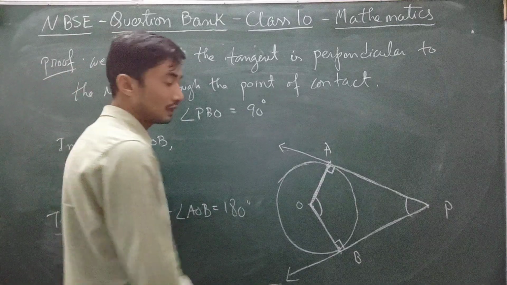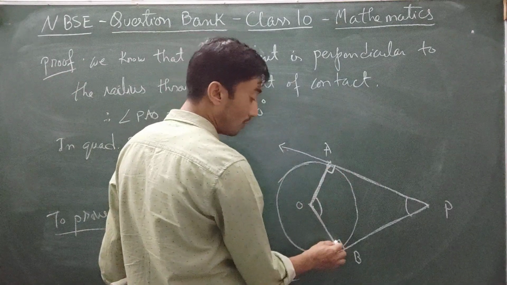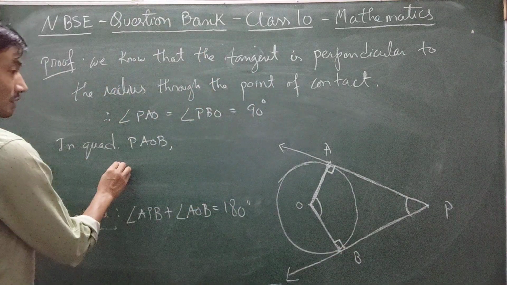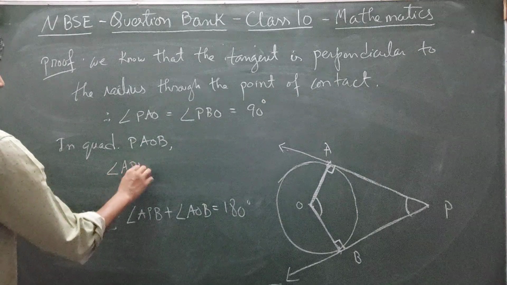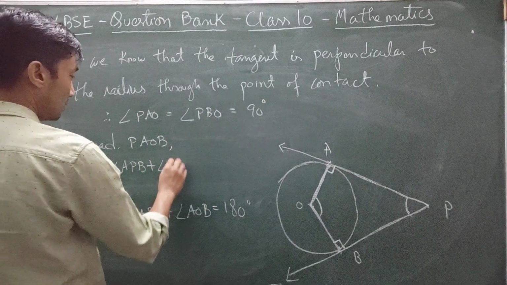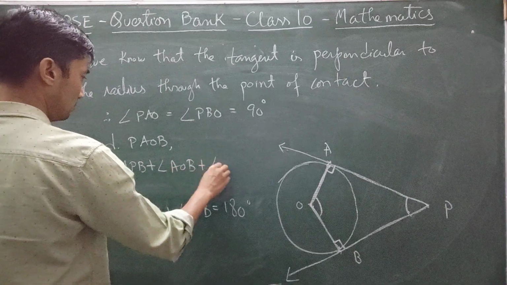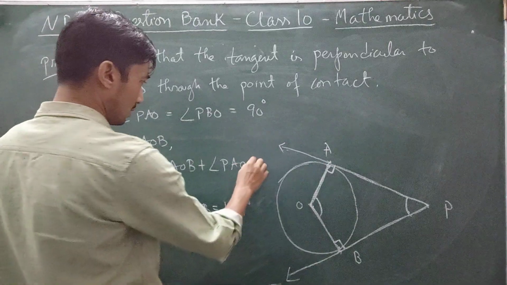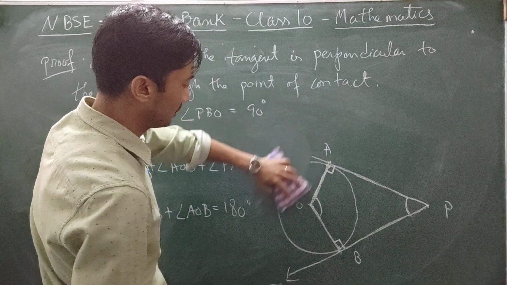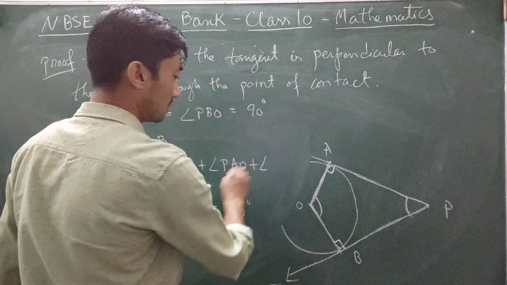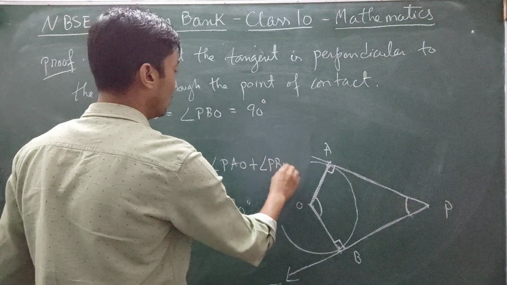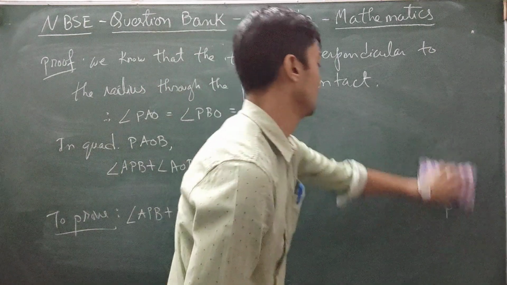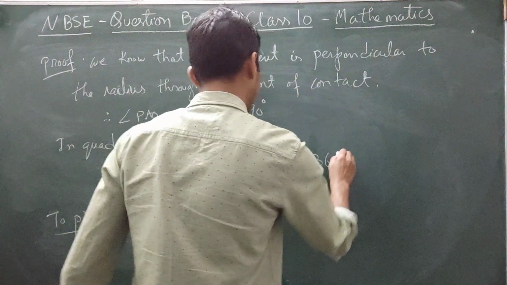One thing that we know is that the sum of the 4 angles of a quadrilateral is 360 degrees. So angle APB plus angle AOB plus angle PAO plus angle PBO is 360 degrees.